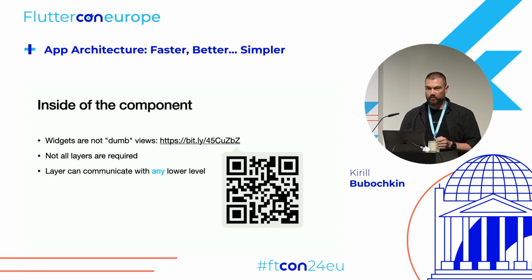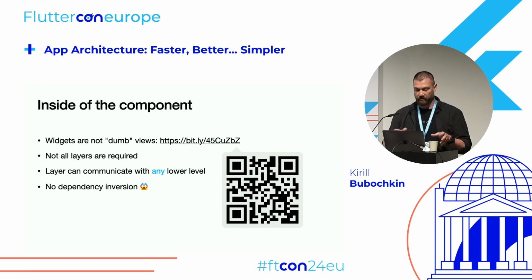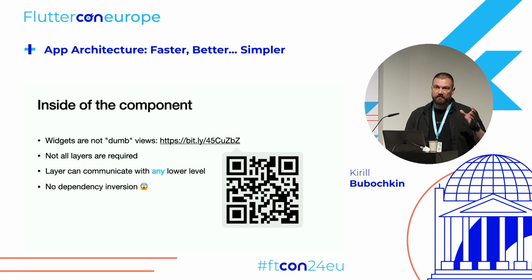And if you notice one more thing about these layers, there is no dependency inversion with this common implementation. Here, services layer calls data layer directly. And yeah, I know this is terrible, but let's talk about why we need this principle.